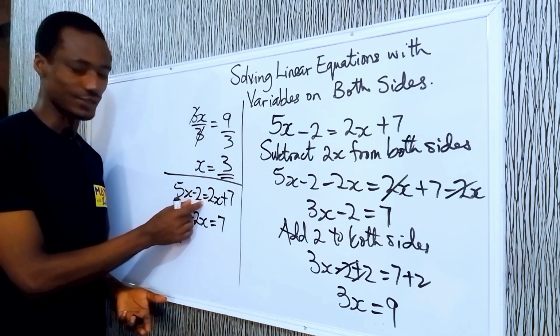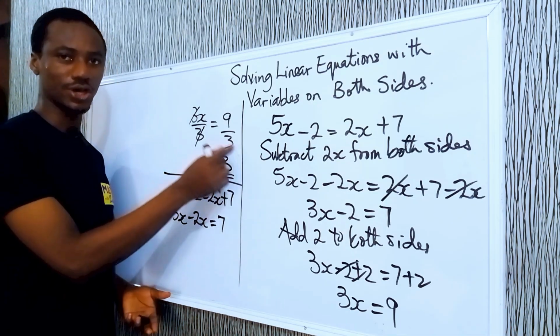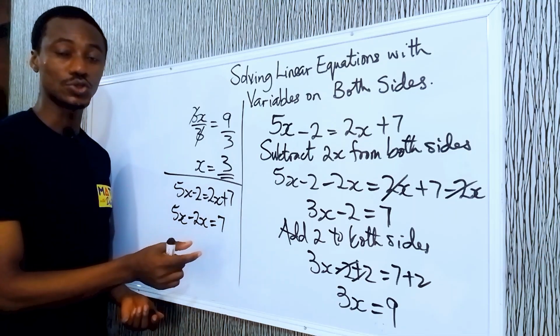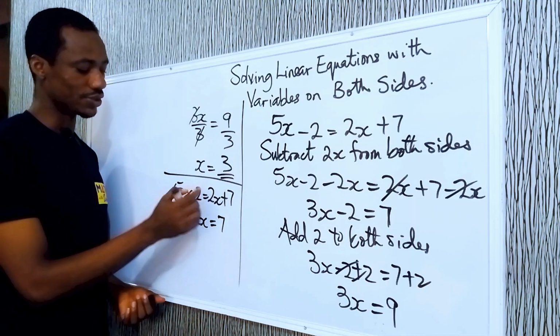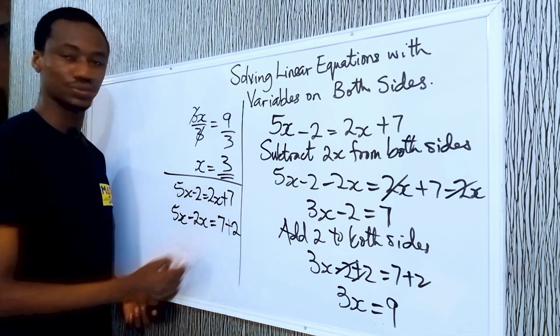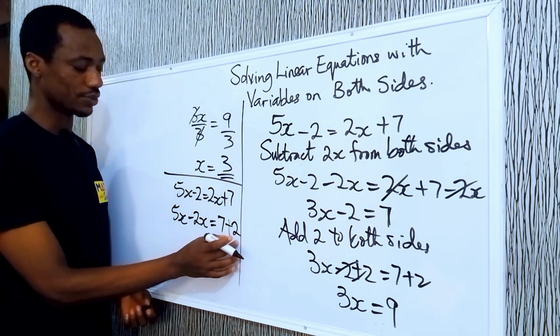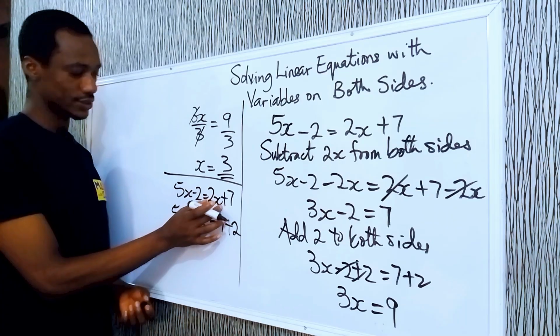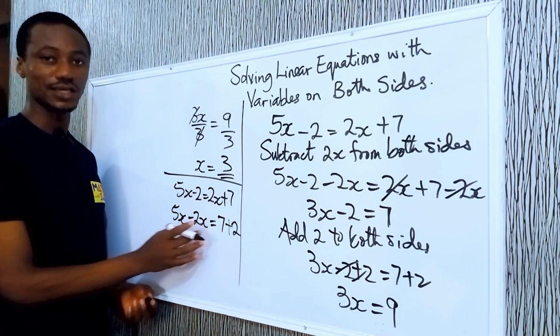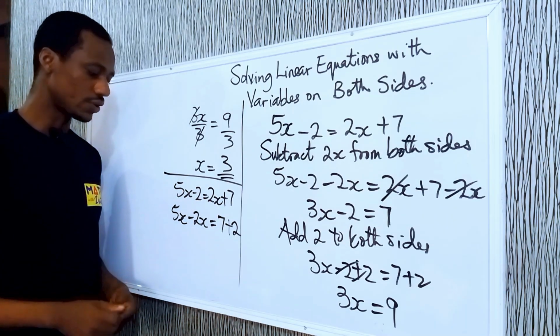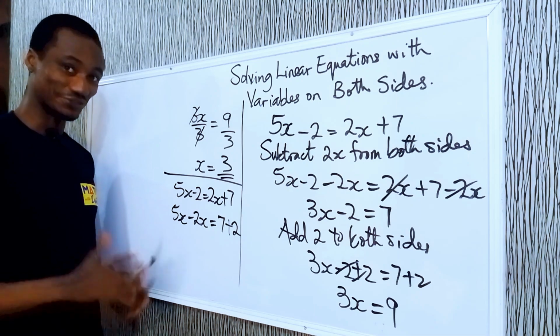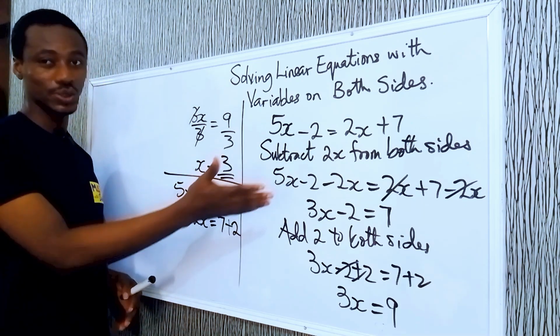The same reason why we say when you take a negative term to the other side of the equal sign, it turns positive. So this becomes plus 2. Negative 2 to this side, we have it as plus 2. Positive 2x to this side, we have it as negative 2x. That's shorter, right? And faster. But you need to understand why.